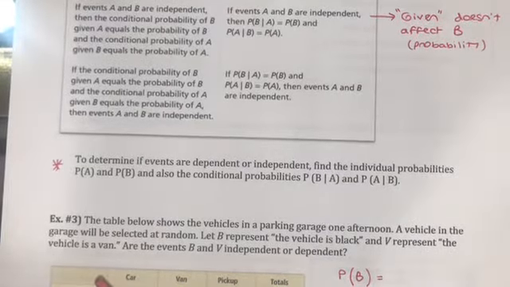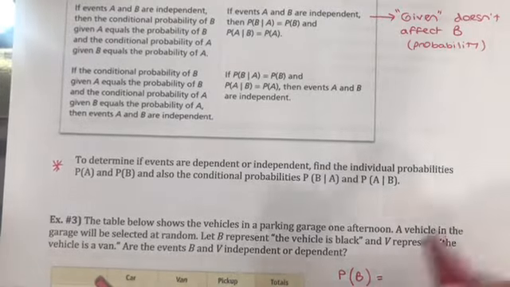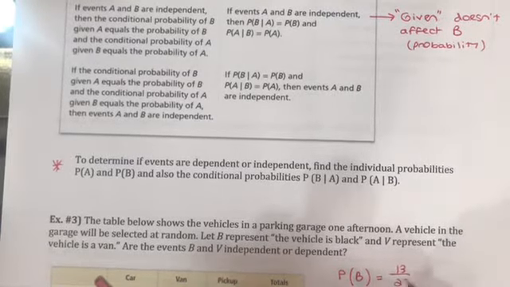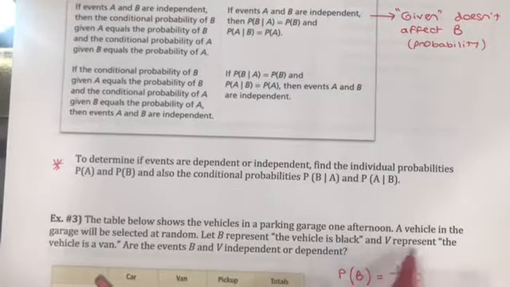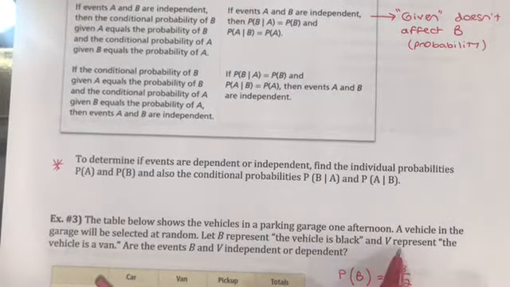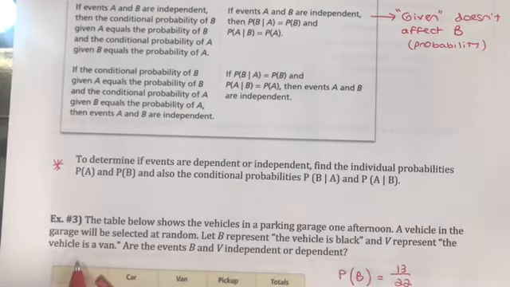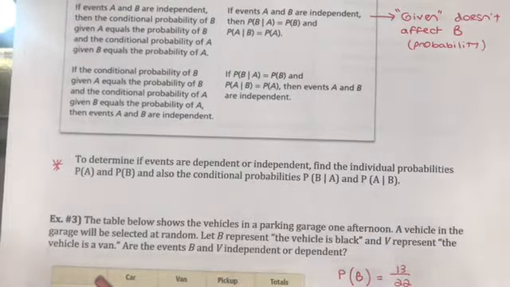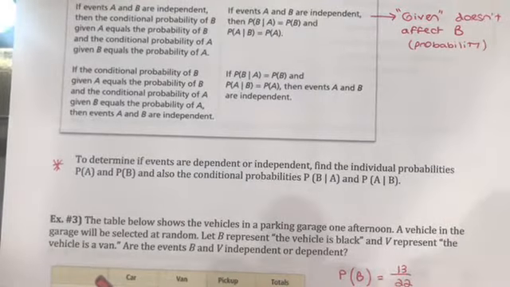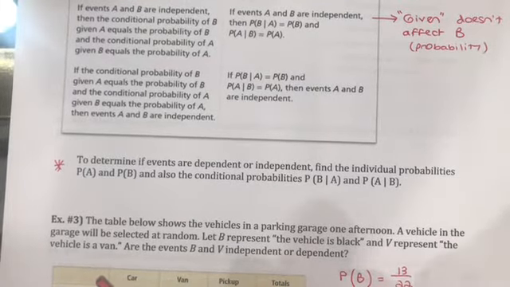If we look at the total number of black cars, we've got 13 out of 22. And our other situation is that the vehicle is a van. So we want to find the probability that it's a van given that it's black.